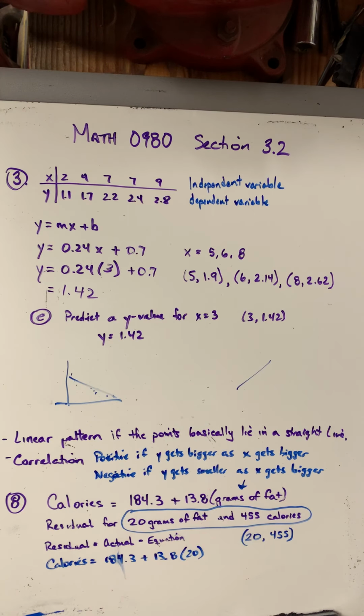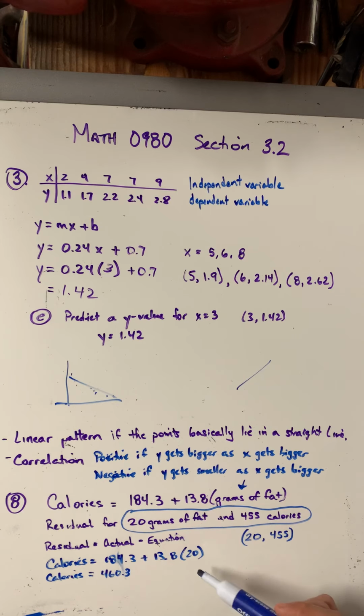And they want to figure out what that is. So on my calculator, 13.8 times 20 plus 184.3 gives me 460.3 calories.